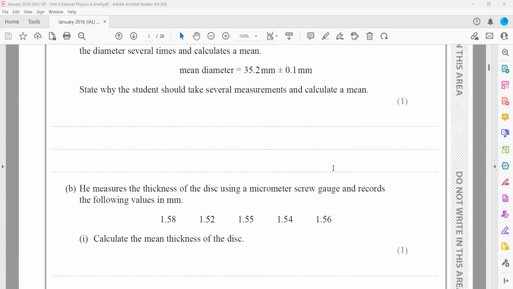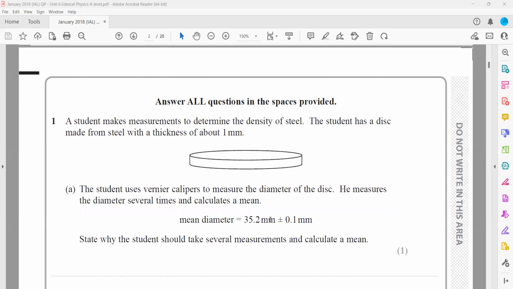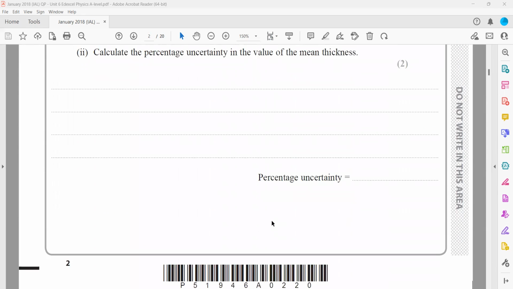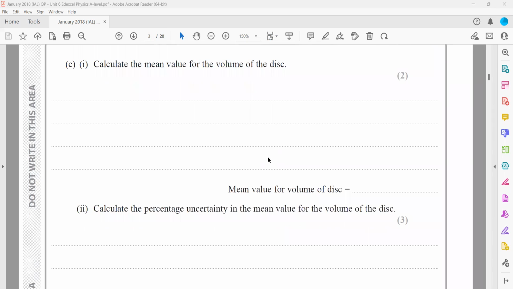But that's the thickness, average thickness. So yeah, diameter is there 35.2. So this was 35.2 divided by 2, but that is in millimeter.